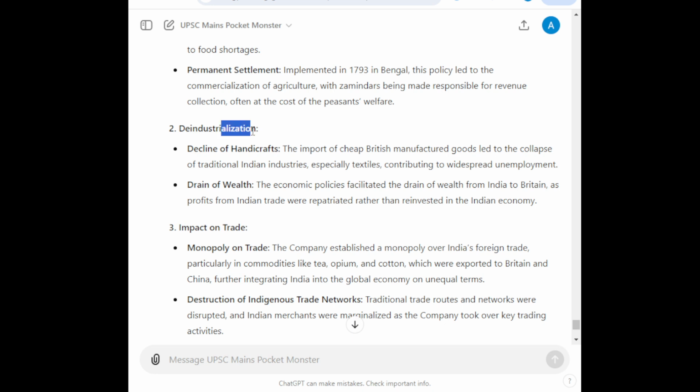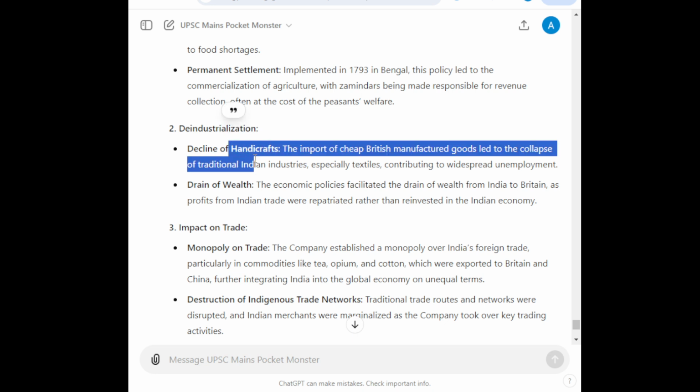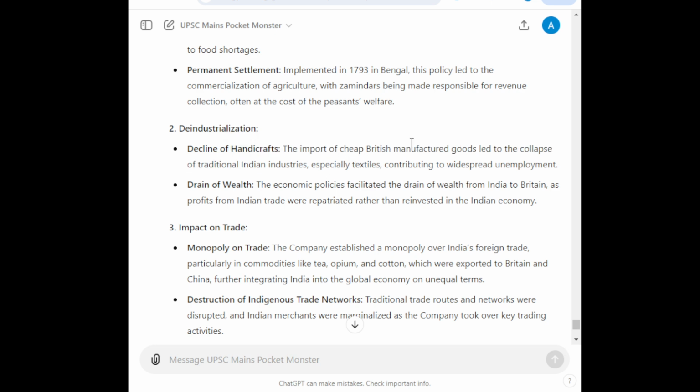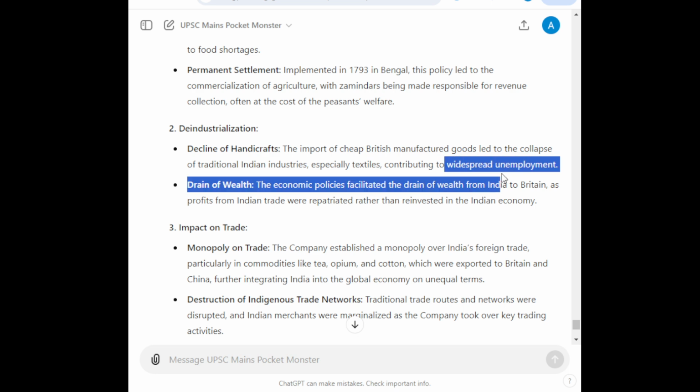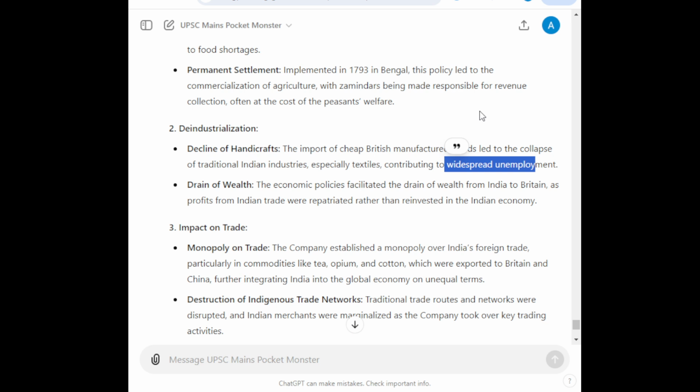Deindustrialization, decline of handicrafts: the import of cheap British manufactured goods led to the collapse of traditional Indian industries, especially textiles, contributing to widespread unemployment and drain of wealth. So there's a lot of unemployment, and these people come to the agriculture sector to work, and there's only limited land, and there's fragmentation of land, and stress on land because so many people are feeding off that limited piece of land.